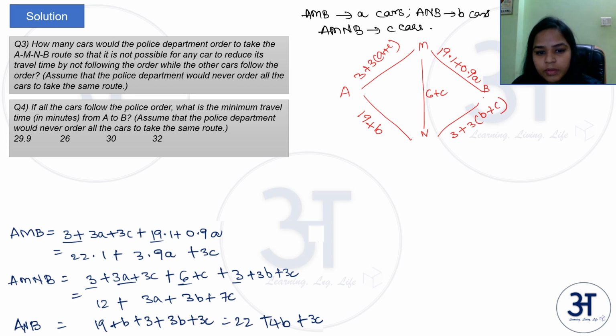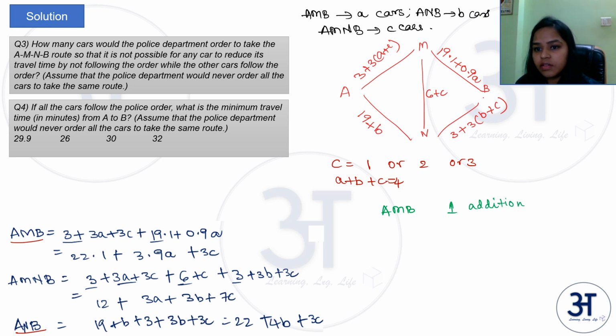One thing to observe here is that now we know that C should be either equal to 1 or 2 or 3, and A plus B plus C equals 4. And what we have done in case 1 is we have taken these inequalities between A, M, B and A and B. And for one additional car, again in this case also for A, M, B, for one additional car, it will take how many?